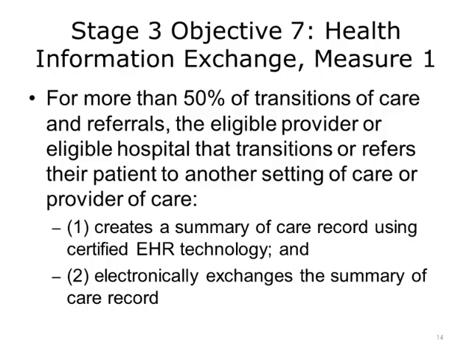Objective 7 is about the exchange of information to support care transitions and referrals. It consists of 3 measures. Measure 1 is the same as the measure for modified Stage 2. An electronic summary of care record must be sent when a patient is transferred or referred. The difference is the threshold is now greater than 50%.